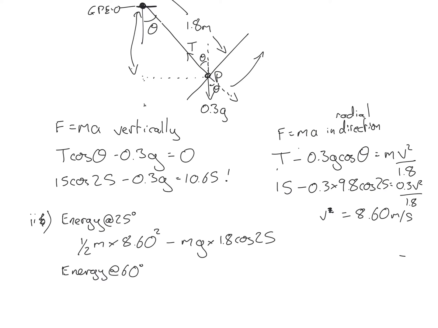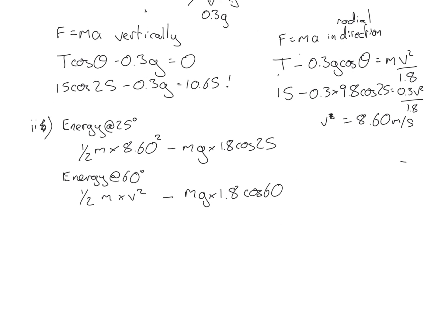And therefore, if you look at what I've done and compare it, So I can now write down, without really thinking, mg times 1.8 cos 60. I'm then going to equate those two and find out v.